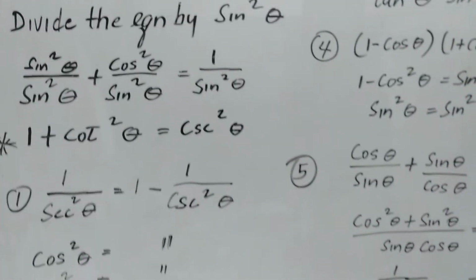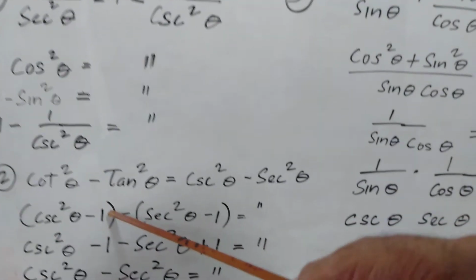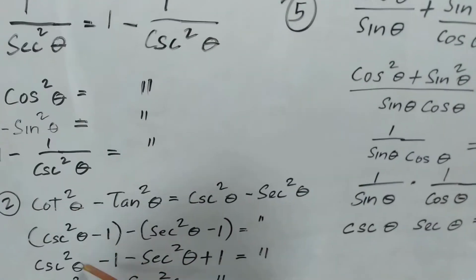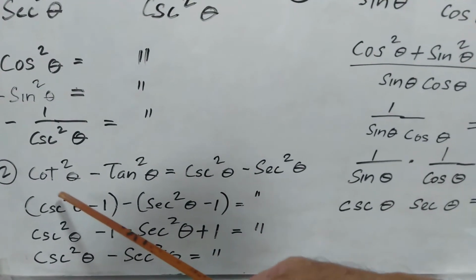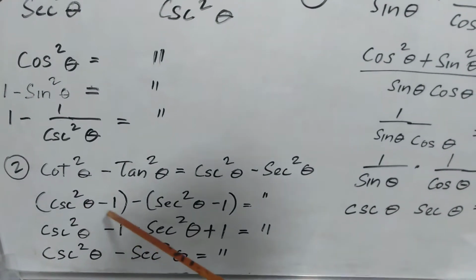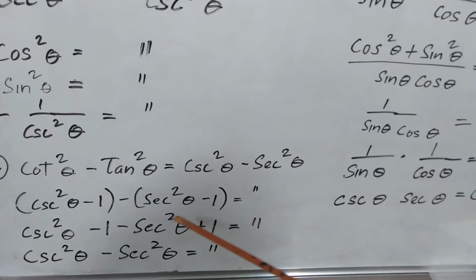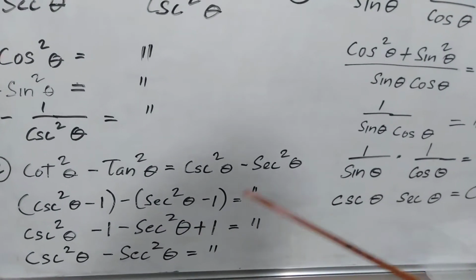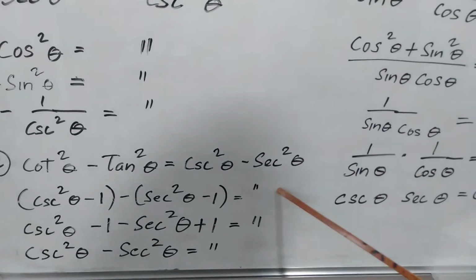So all we have to do is substitute. We now have cosecant squared theta minus 1 minus secant squared theta minus 1, which should be equal to the right side of the equation.